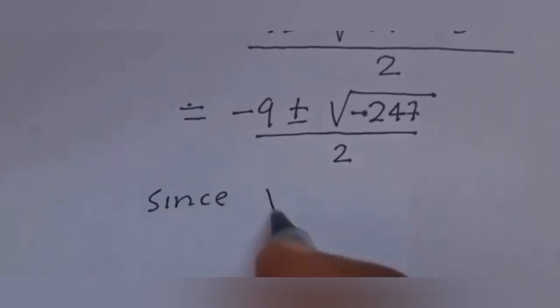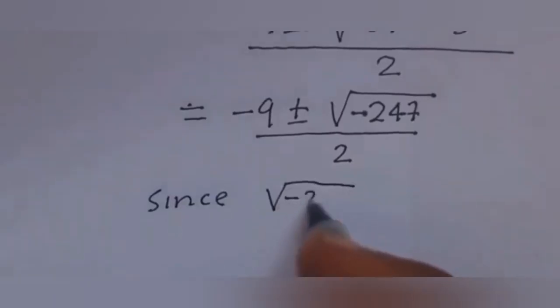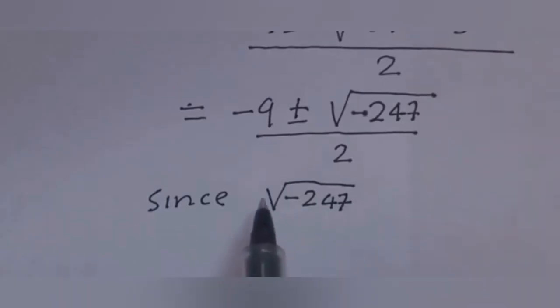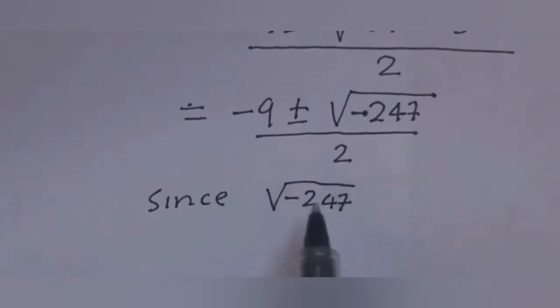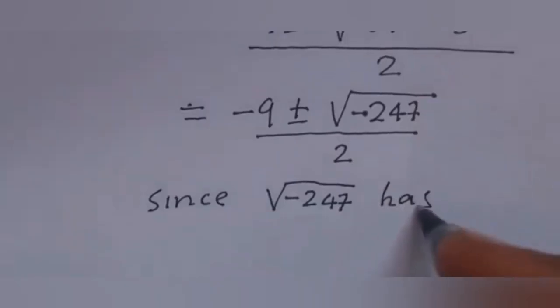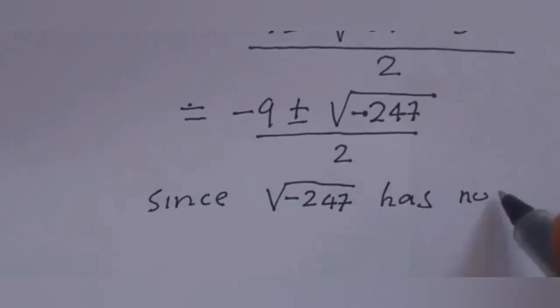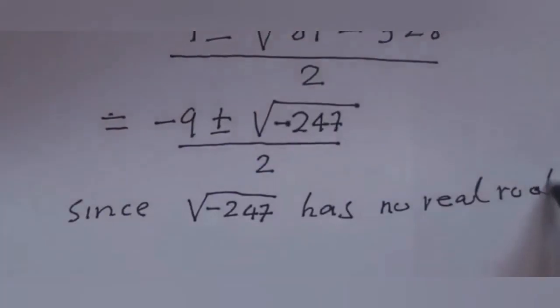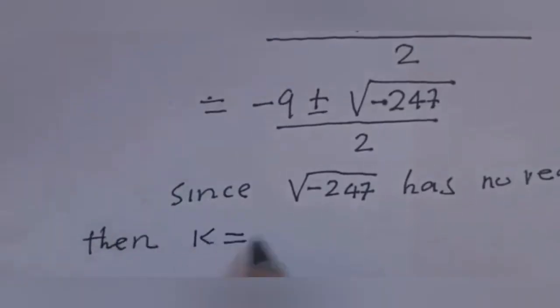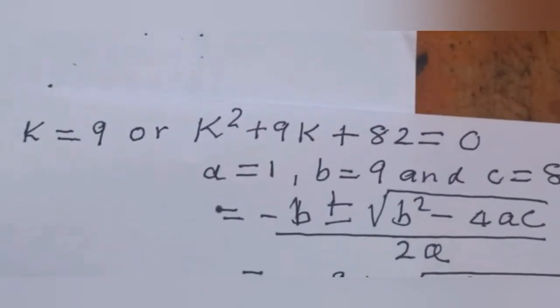Since the square root of negative 247 has no real roots, k is going to remain equal to 9, the one we got here.